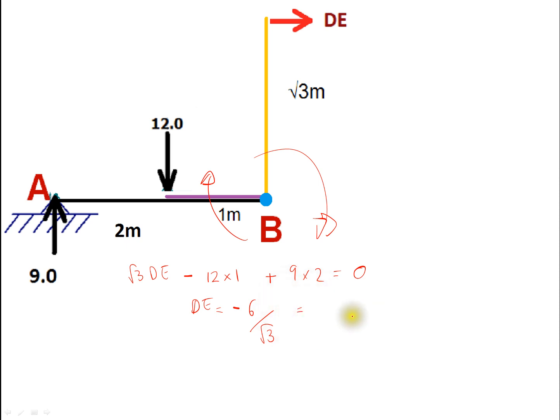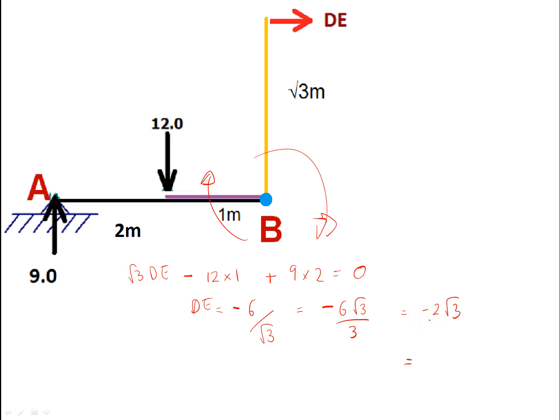Don't like √3's on the bottom, so times top and bottom by √3, and that gives me minus 6 times √3. √3 times √3 becomes 3. You can see I've now got 6 divided by 3, so that's going to become minus 2√3.